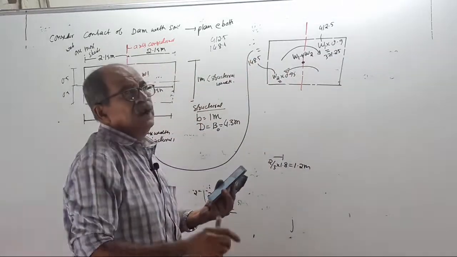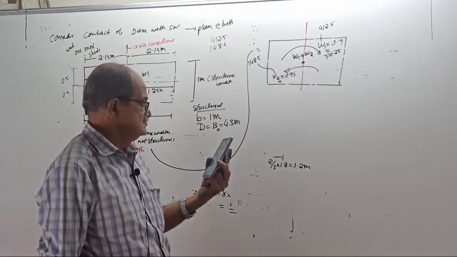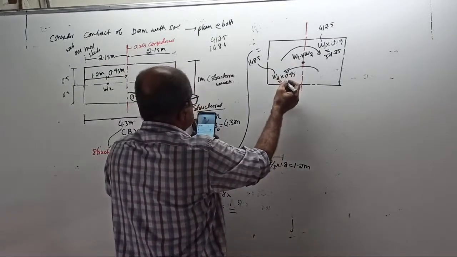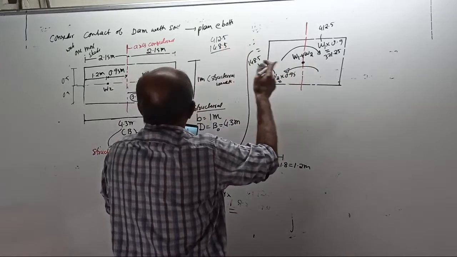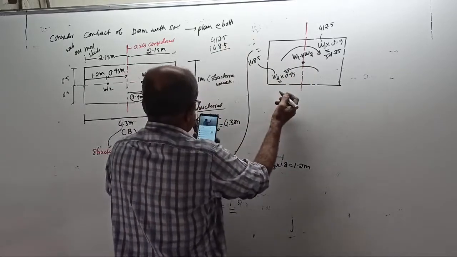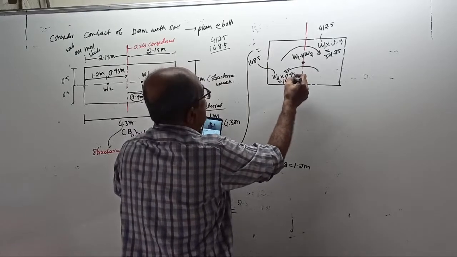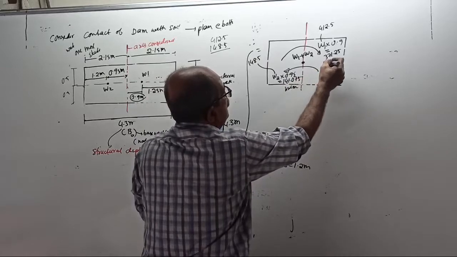W2 is 148.5 into how much? It is 0.95. The answer is 141.075 kilonewton meter.